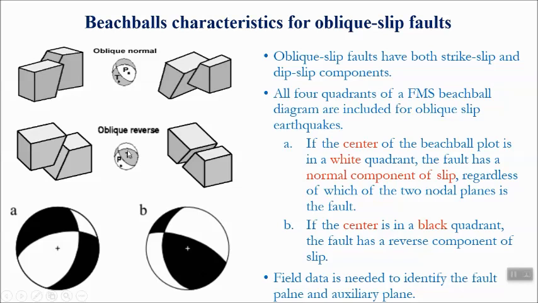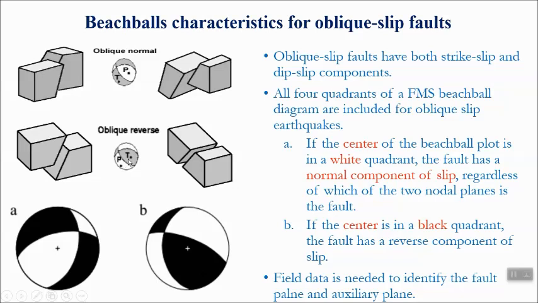So we can simply find out the orientation of the axis, and we can find out the orientation of the fault plane and the auxiliary plane, and from the first recording of the seismic wave we can find out which is the compressive zone and which is the tensile zone.